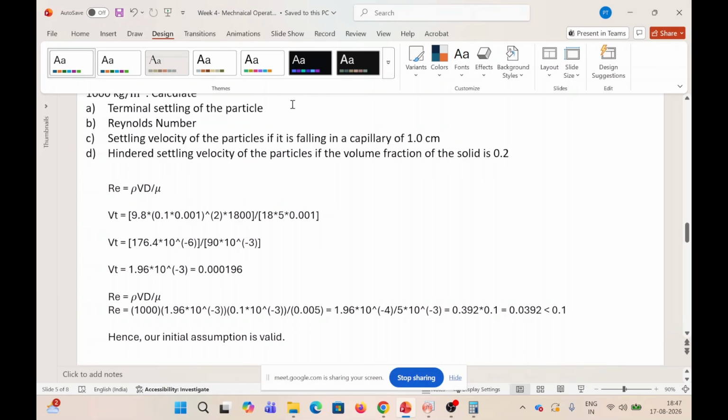In that case, you need to introduce an additional factor.